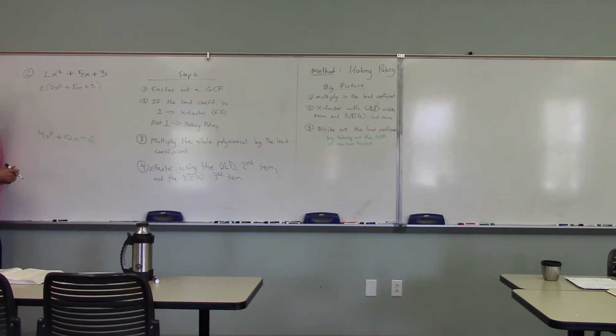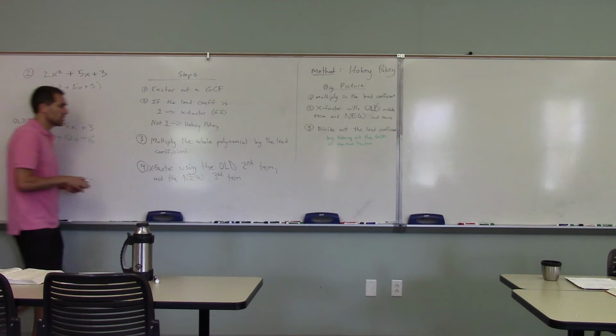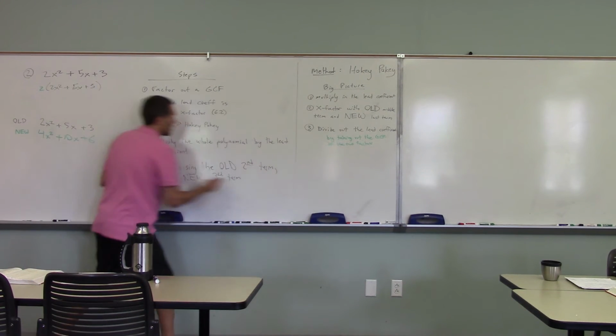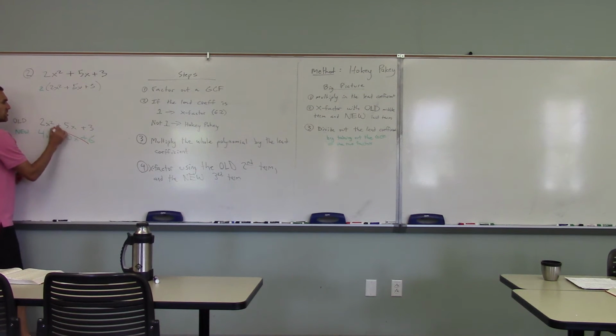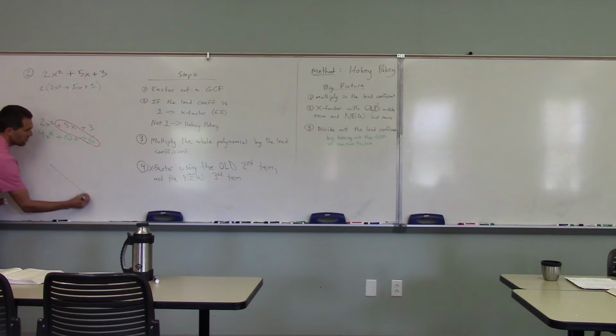In other words, here was my old, here was new. So the two numbers that I'm going to use are this positive 5 and this positive 6. The reason behind this is a little too technical. I don't think it would benefit us to go into the why. But this is a great method. So now we just do a normal old x factor here. So what's my sum?